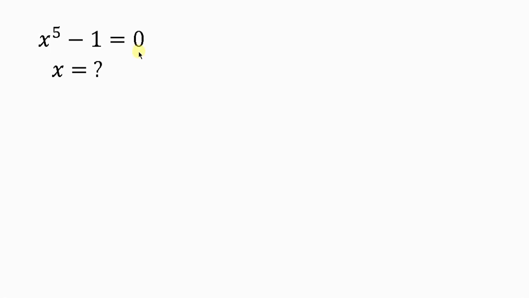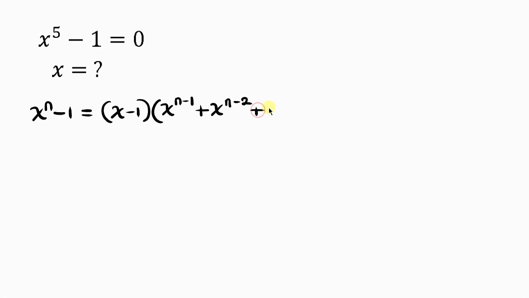Well, there is a property we can apply: when we have x to the n minus 1, this is equal to x minus 1 times x to the n minus 1 plus x to the n minus 2 plus x to the n minus 3 until we get to 1. So this is a property that we're going to be using to solve this question.